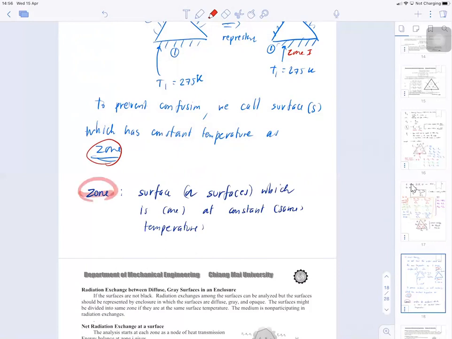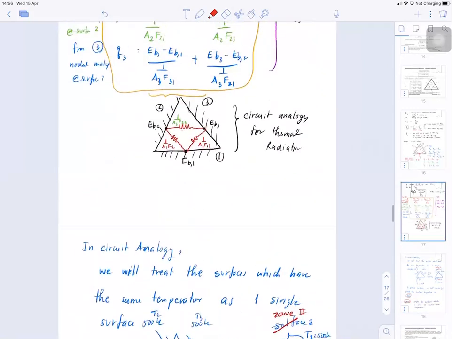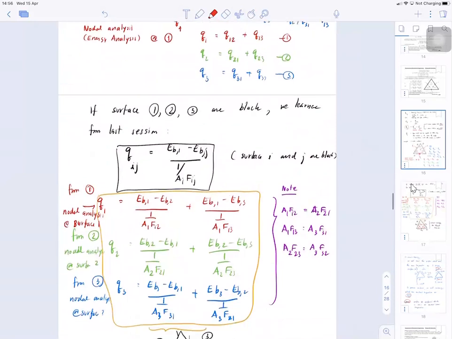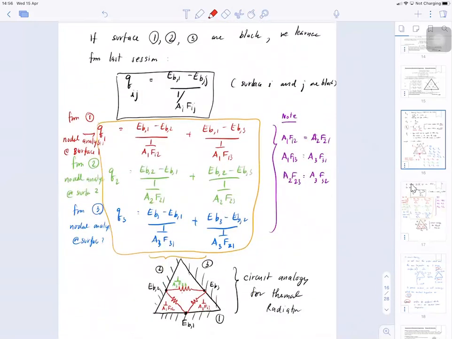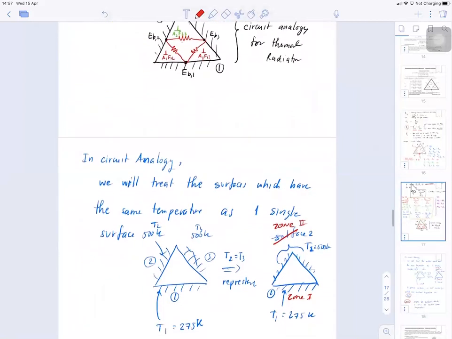Okay, then let's get back. You deal with the representation circuit analogy of the surfaces, but all the faces have to be black. Okay, so the big question is, how about if the surface is not black? What happens?